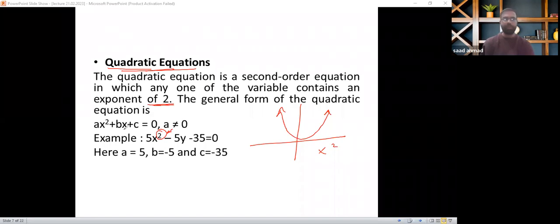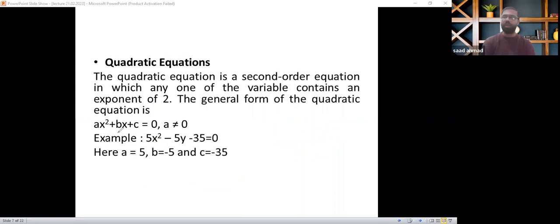Here the standard form of a quadratic equation is ax squared plus bx plus c. That's in one variable. You can have it in two variables, like x squared plus xy plus y squared.